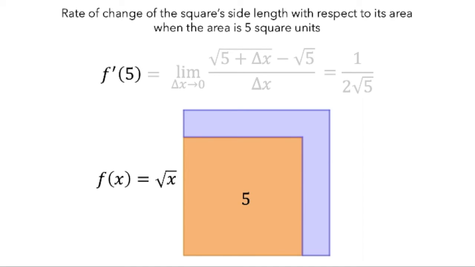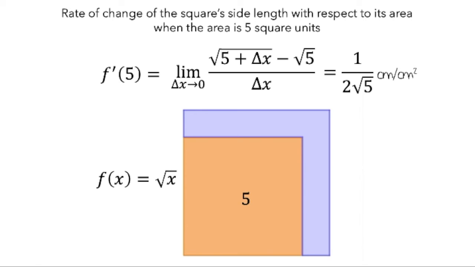We used the definition of the derivative to write this as a limit, and used some algebraic computation to evaluate this limit as equal to 1 over 2 root 5. So the value of the instantaneous rate of change is 1 over 2 root 5 centimeter per square centimeter.